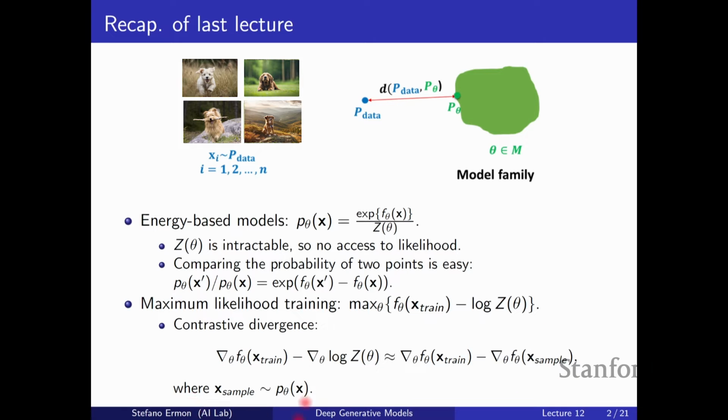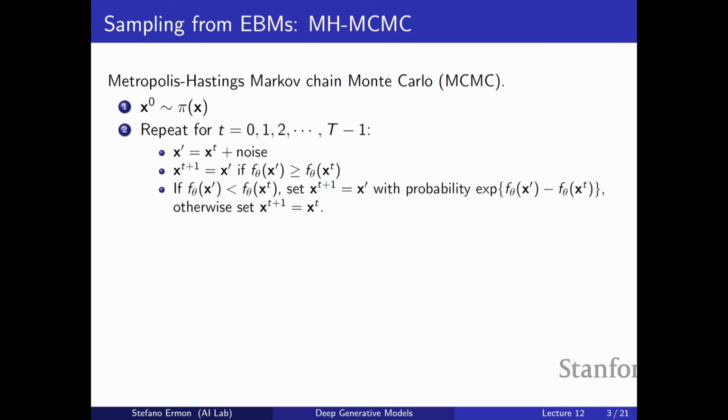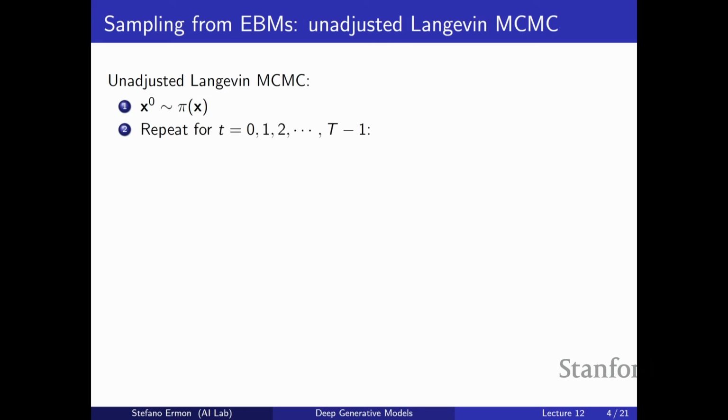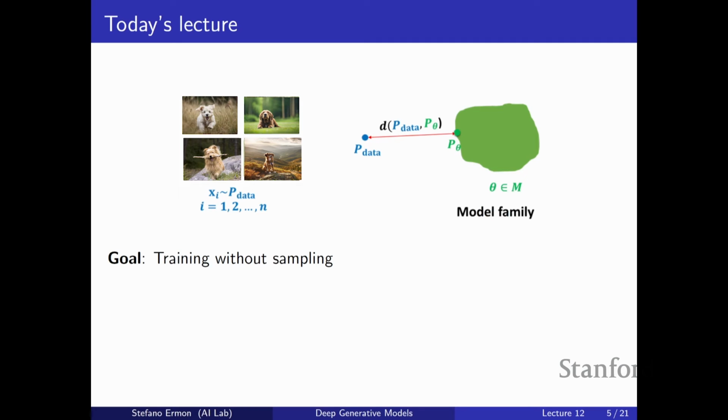If to generate this sample you have to run a Langevin chain with 1,000 steps, things will become just too expensive. So what we're going to see today are other ways of training energy-based models that do not require sampling.